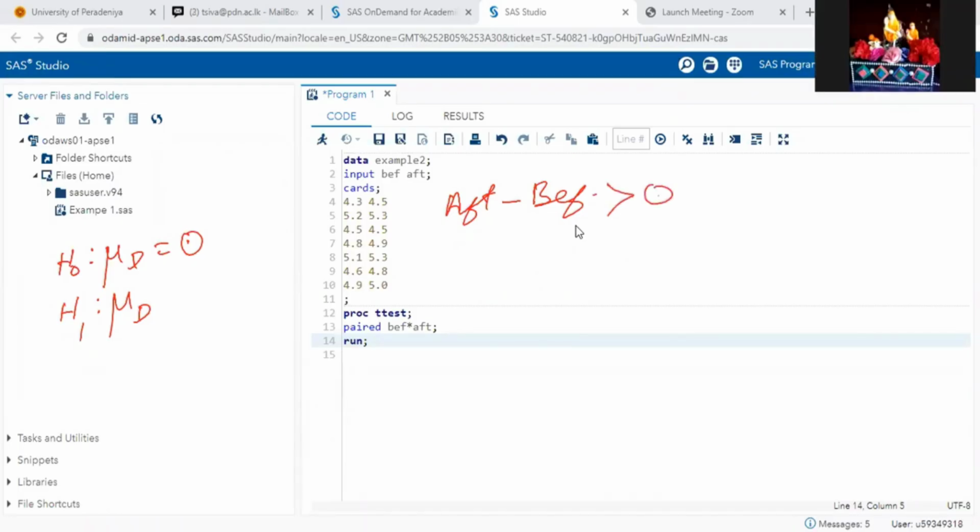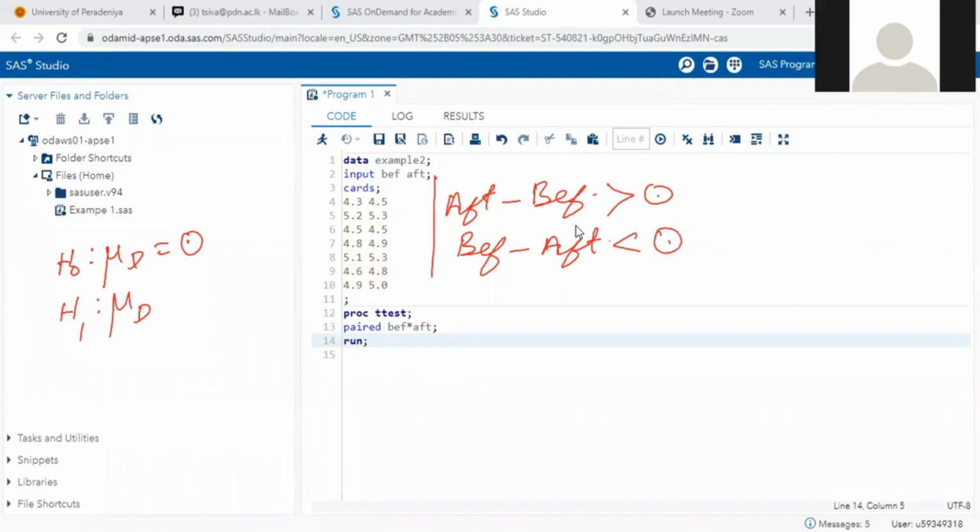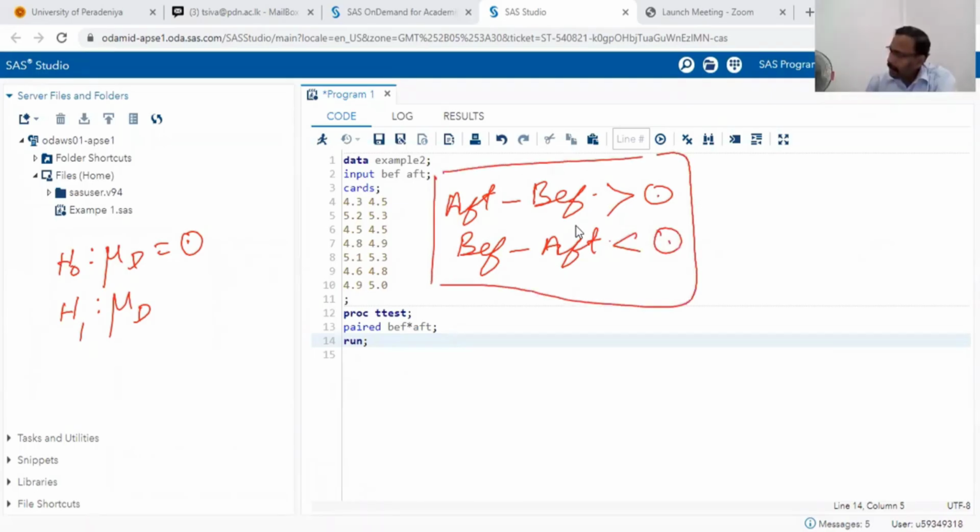Greater than 0. Suppose if I have it the other way, if there's an effect of the hormone, what is the result? How can we write it in relation to 0? Less than 0. So we'll have to be very careful about these two. Because in both cases, both are correct. Both are relevant to our question.